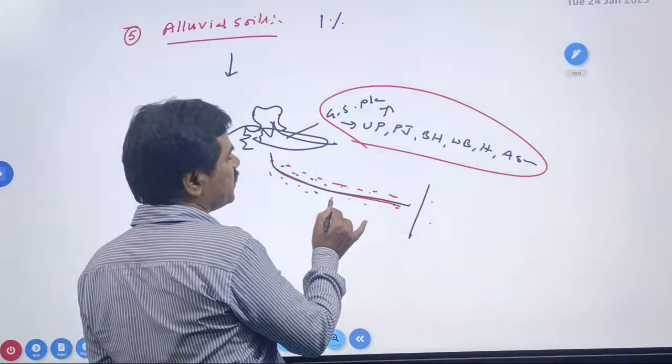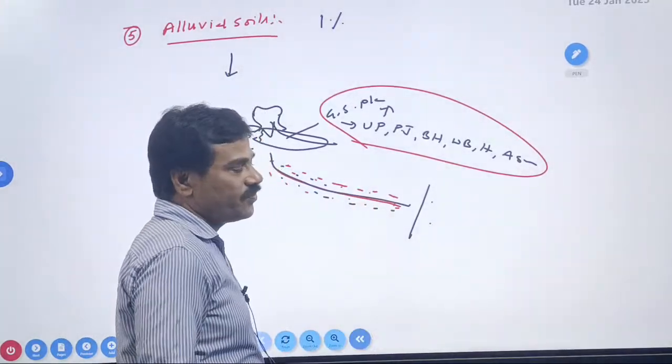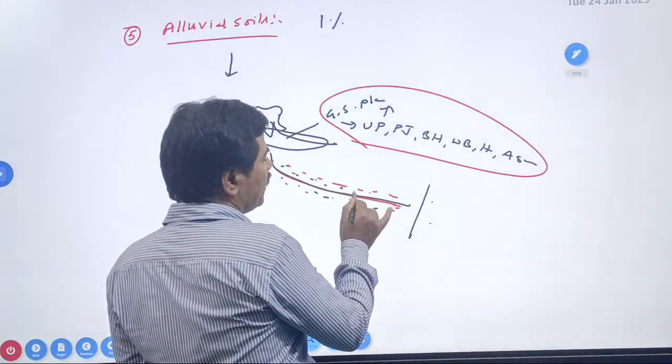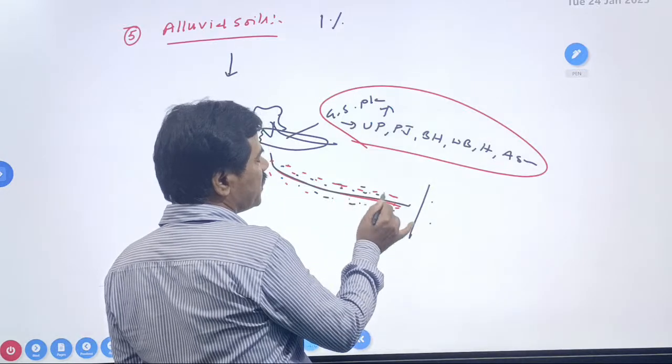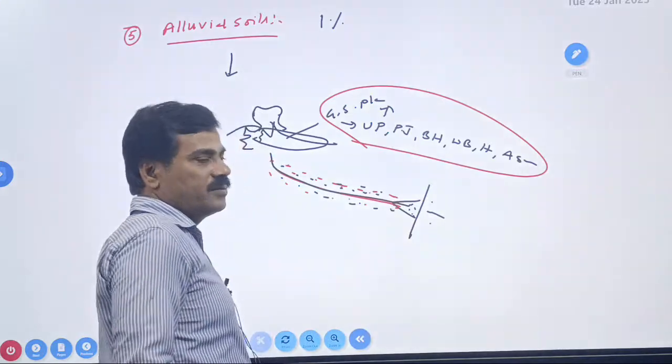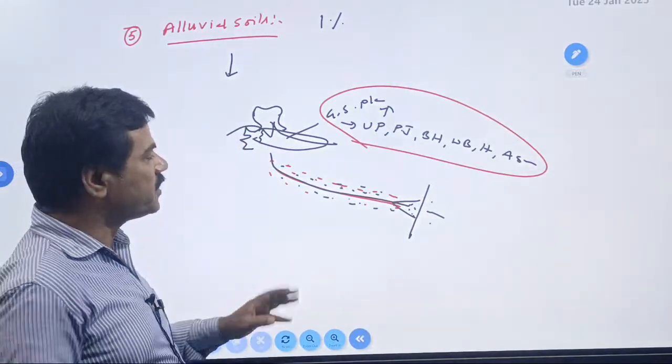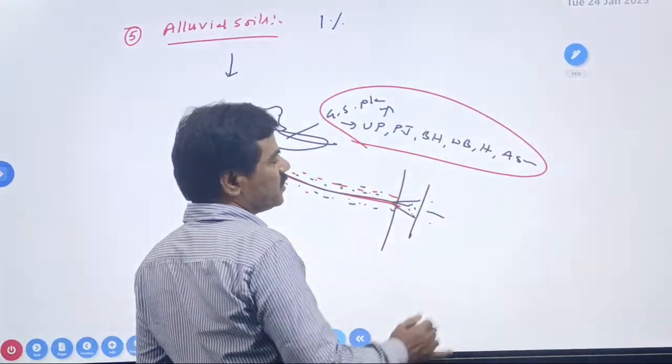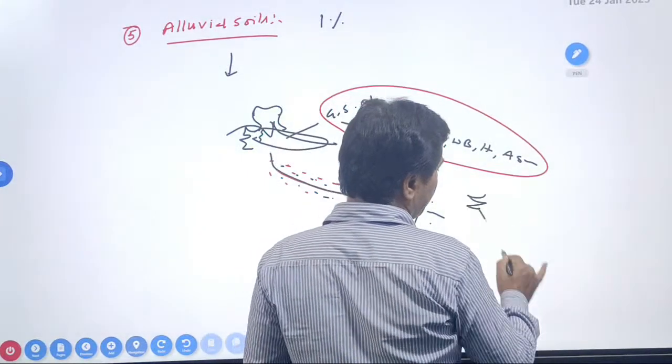That alluvial soil is deposited on both sides of the river and before entering the Bay of Bengal, also on the west coastal and east coastal plain.